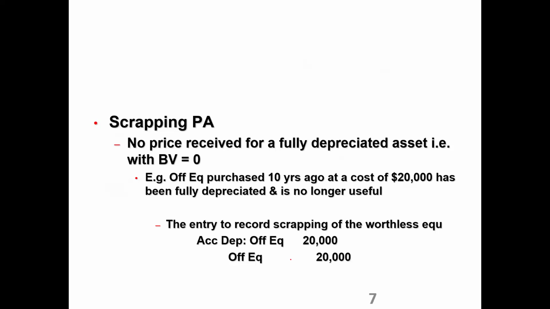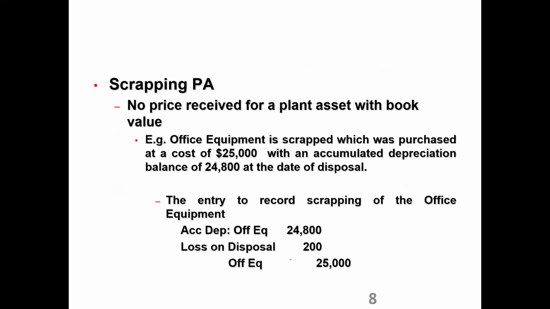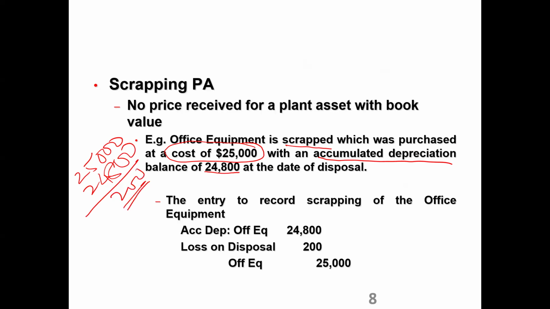In the second example, the equipment being scrapped, for which we get no charge, has a cost of 25,000, whereas the accumulated depreciation is 24,800. So 25,000 minus 24,800 gives us a book value of 200.